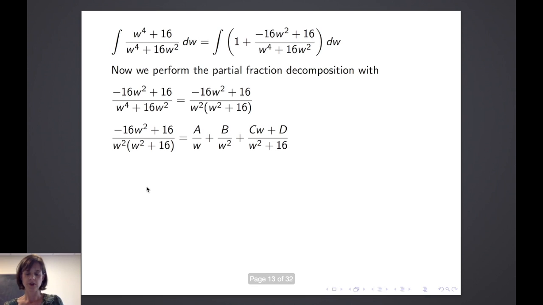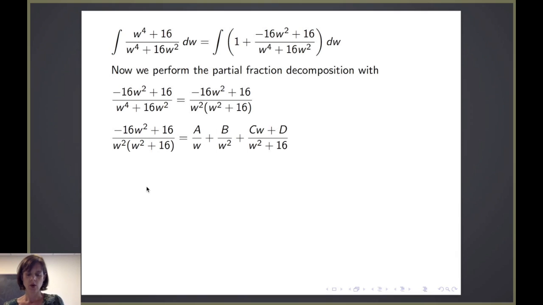So to set up the partial fractions, I'm going to have negative 16w squared plus 16 over w squared times the quantity w squared plus 16 equals a over w plus b over w squared plus cw plus d all over w squared plus 16, where a, b, c, and d are all constants.